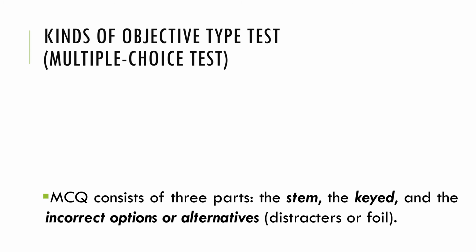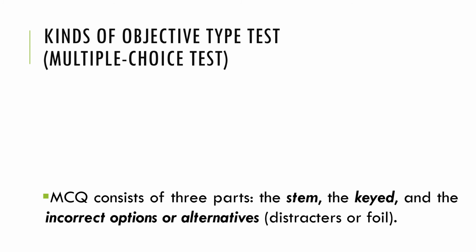If the answer for that item is a name, therefore all options should be names. If the answer is a type of computer, for example, or a part of a computer set, therefore the options should be parts of a computer set, not of a plant, for example.